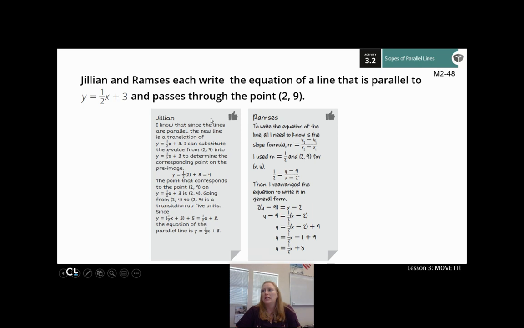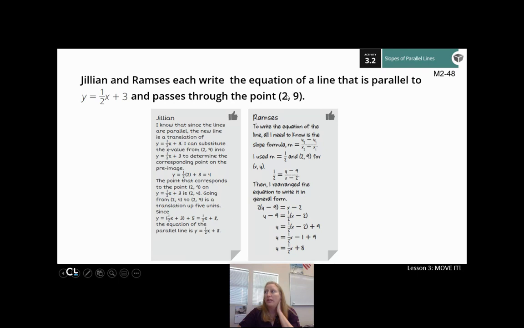So here's Jillian's thinking. Jillian says, I know that since the lines are parallel, the new line is just going to be a translation of y equals 1/2 x plus 3. She knows that this function is just going to get pushed up or down if they're parallel. So she decides, I can take the x value, which in this case is 2, from (2, 9).